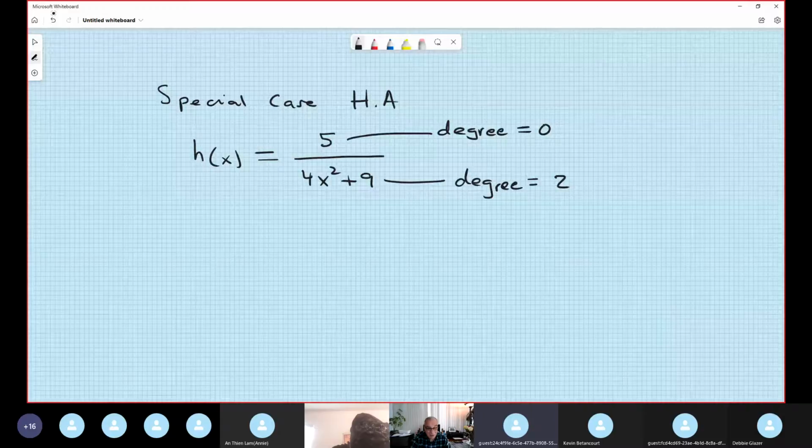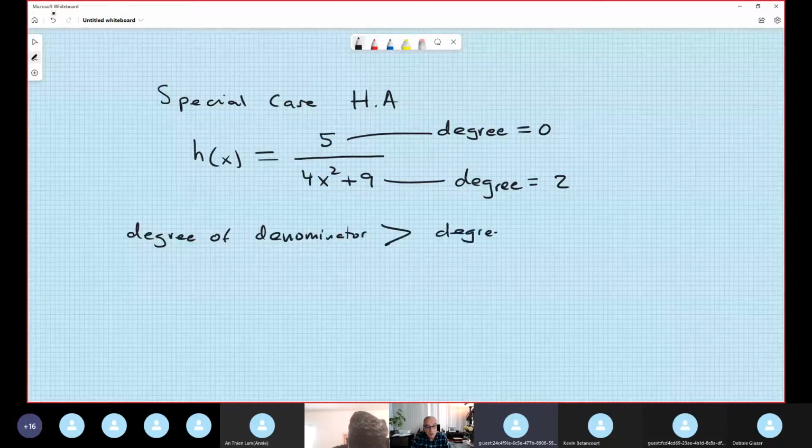So in this case, the degree of the denominator is greater than the degree of the numerator. In this case, it's 2 greater than 0.